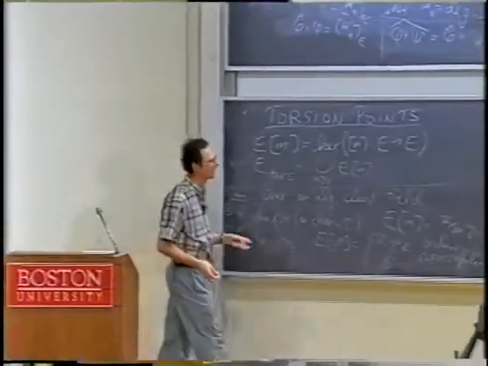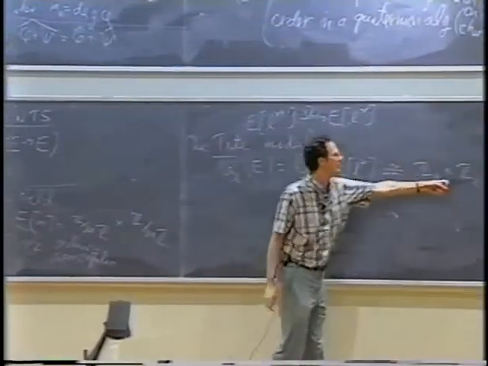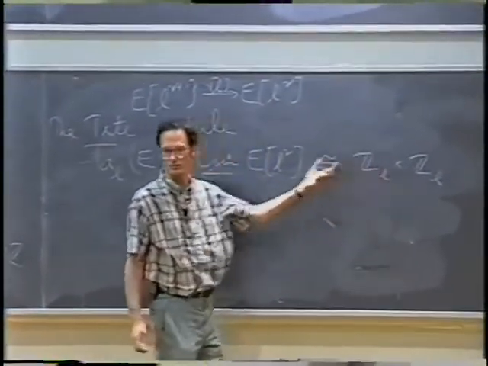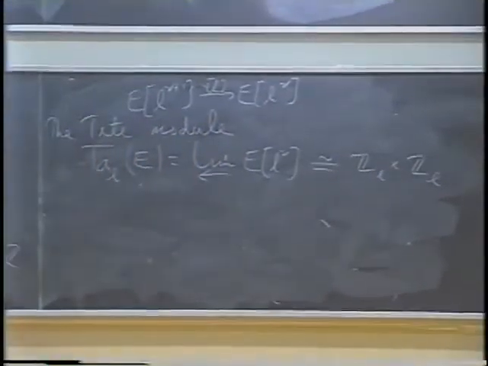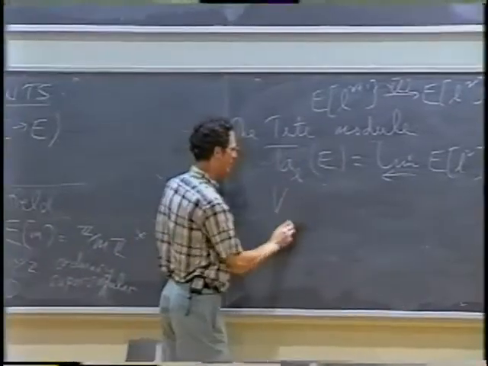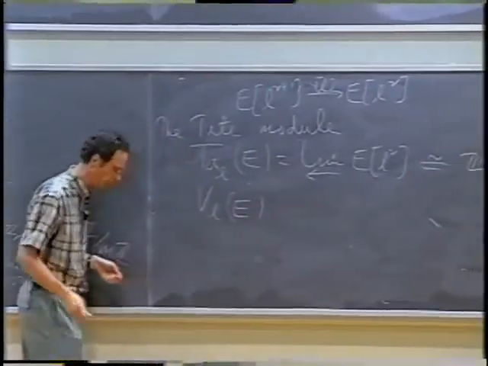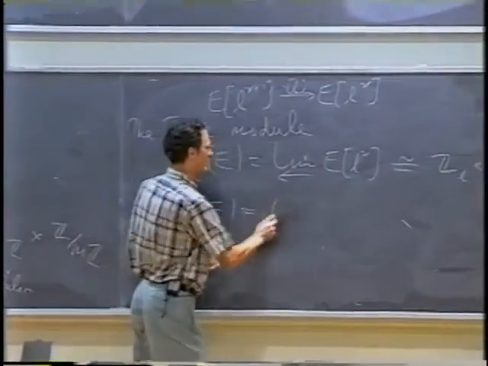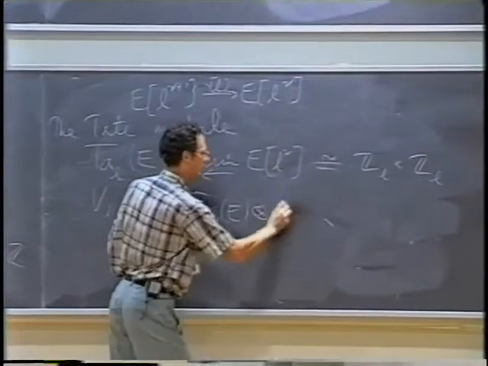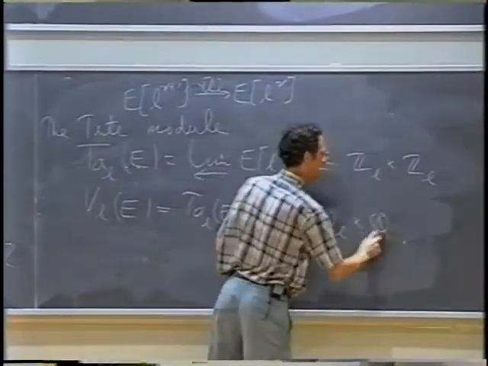The nice thing about the Tate module here is that this group is characteristic 0, rather than having Z mod MZs. And in fact, one often wants to work over a field, so V_L of E is the Tate module tensor Q, which is just 2 copies of Q_L.